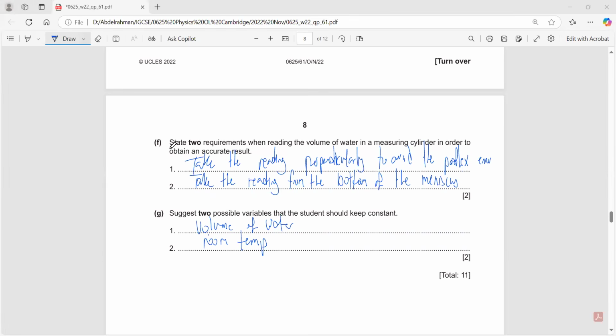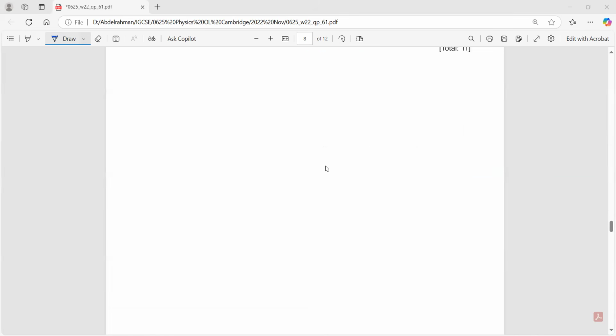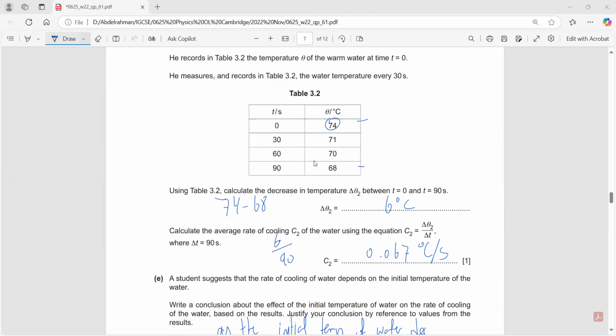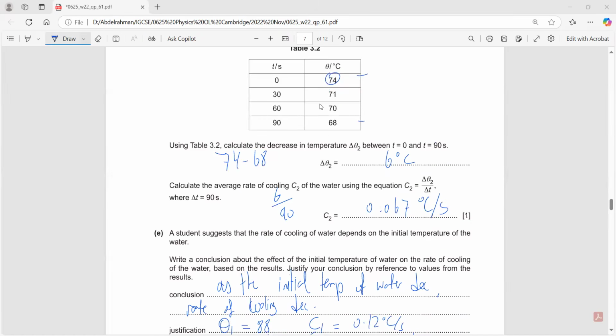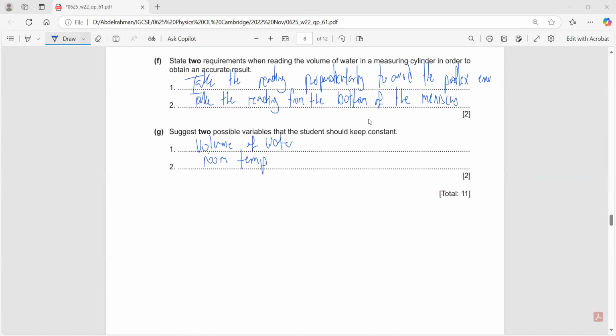You could say it, but these are more accurate: the volume of the water, and room temperature. The time taken for this whole experiment. For example, in the first experiment he took 180 seconds. In the second experiment he took only 90 seconds. So this is wrong.